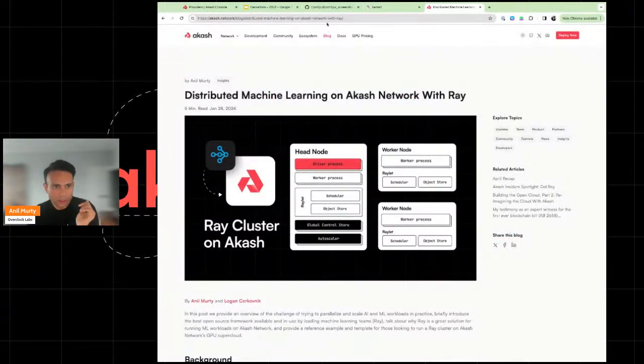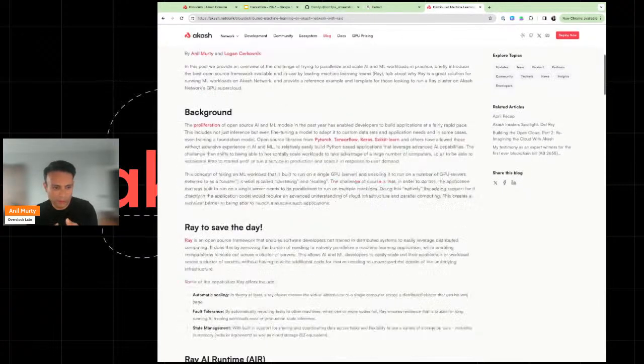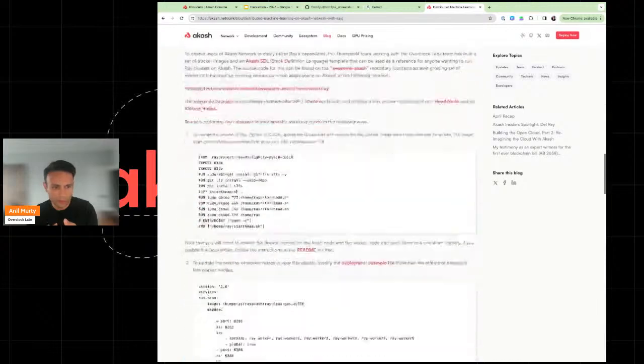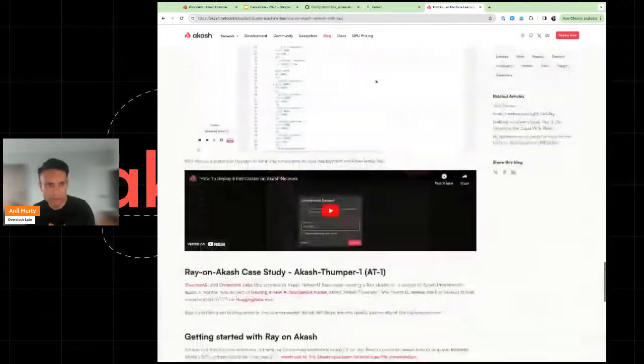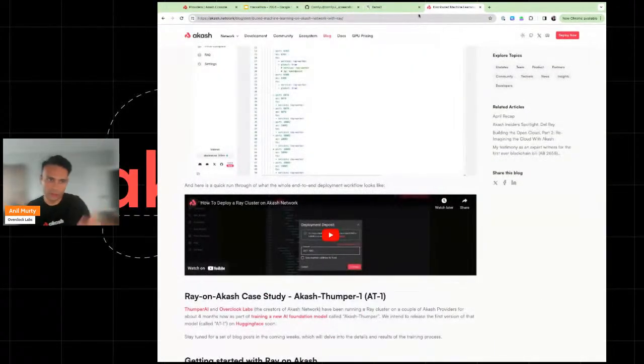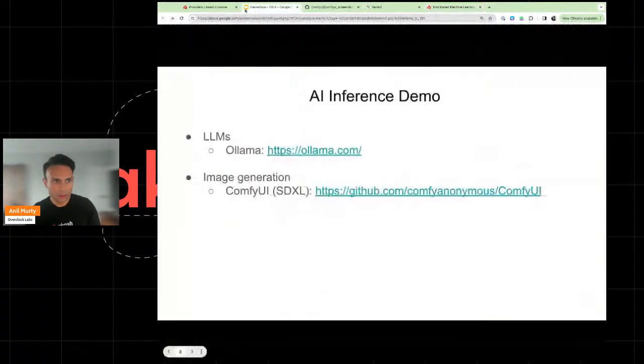If you're curious, there's a blog post that goes into how you can run Ray clusters on Akash, and there's an example SDL as well. So definitely take a look at that if you're interested in going one step further beyond inference and looking at training as well.